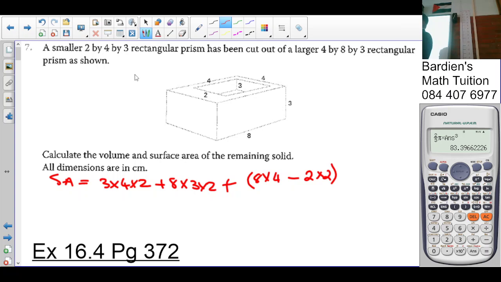And how many of them are there? There's one on top and the bottom. How do I know? The bottom is the same as the top? Which measurement shows that the bottom is the same as the top? Okay, let's look at the height of this piece. What is this? 3. And the height here? 3.